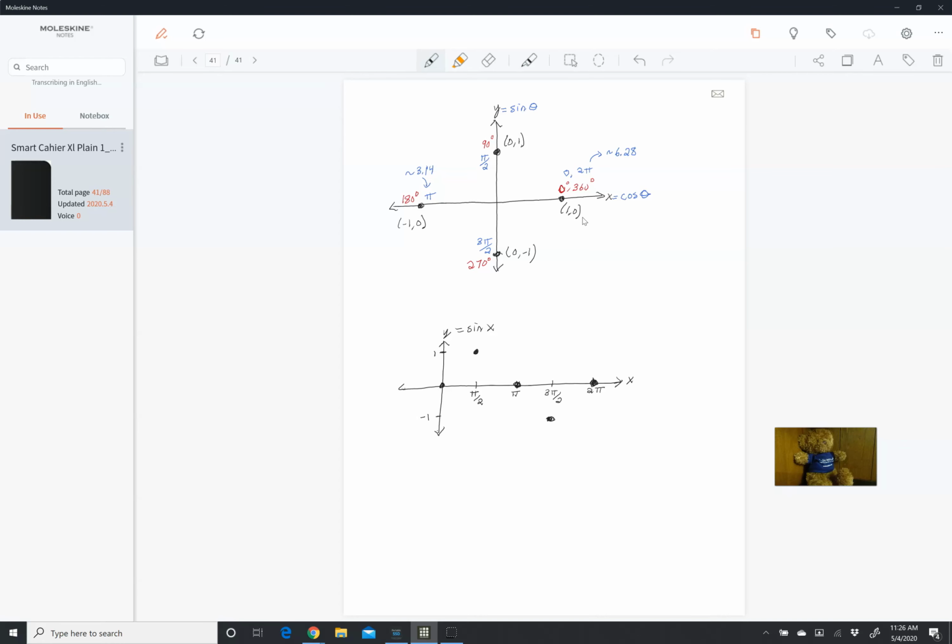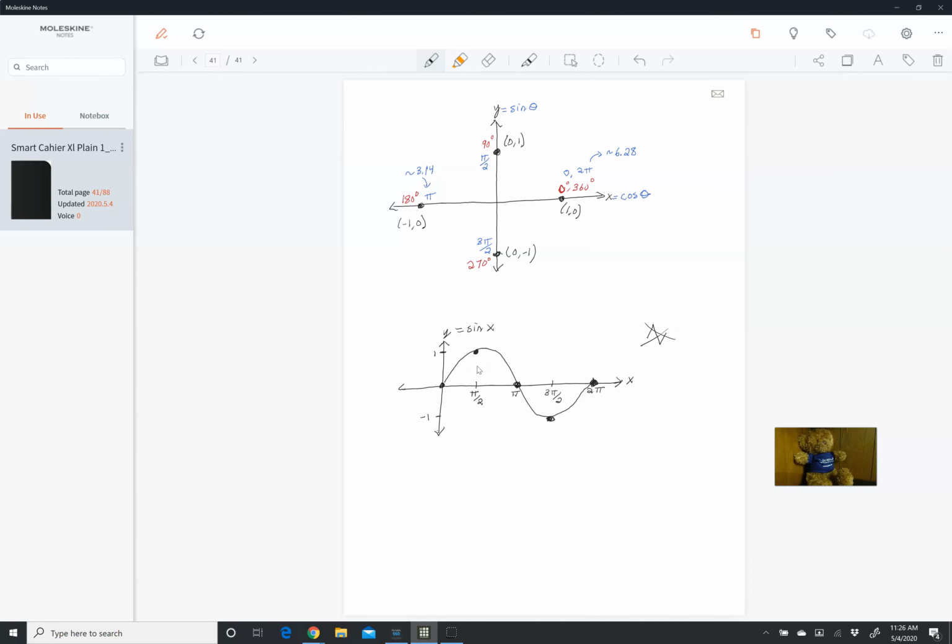And now we just connect. This is a curve, and as we get closer to the top, that curve flattens. So it should flatten here. This should be the peak. It doesn't look perfect, but it should not look like this. That would be incorrect.